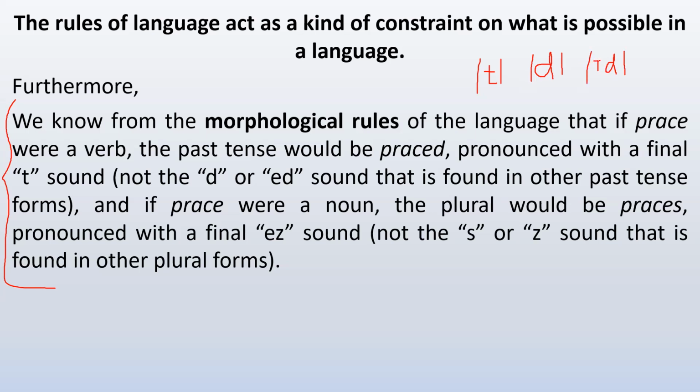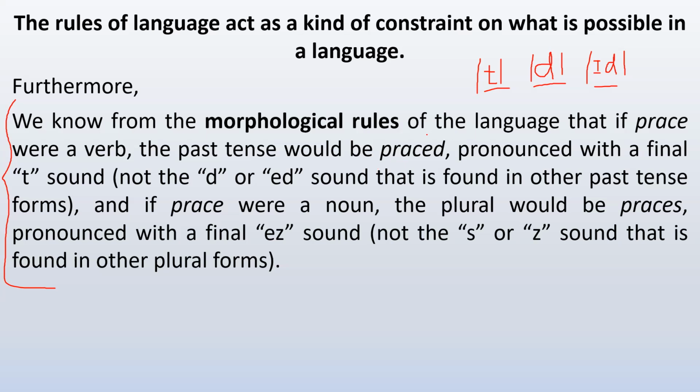So there's no unique rule saying that if you pronounce the past tense, you should always end the word in the same sound. No. There is the t sound and there is the id sound as well, right?